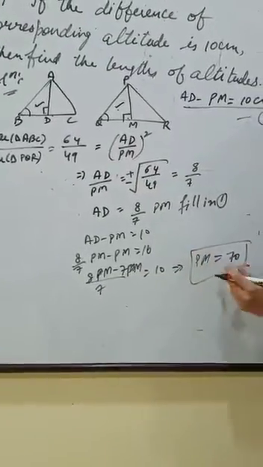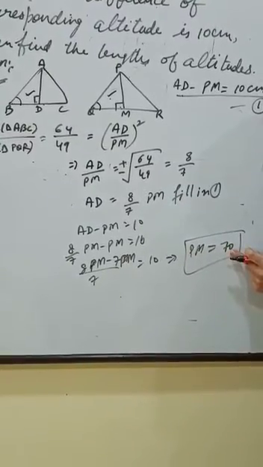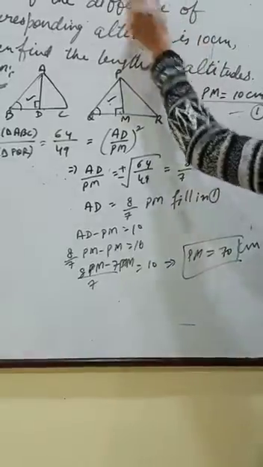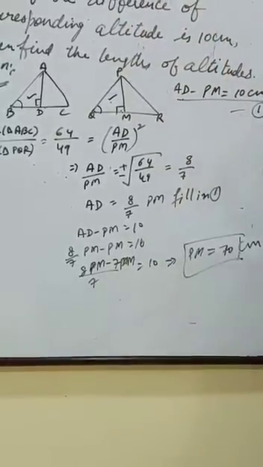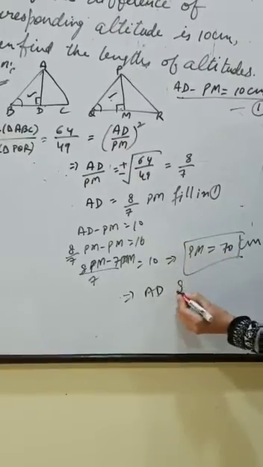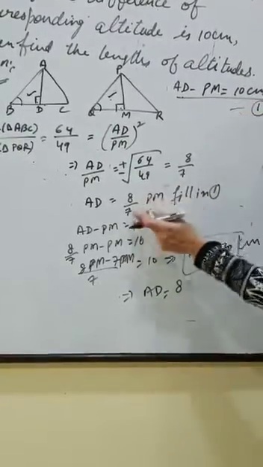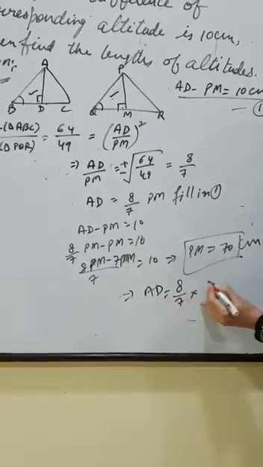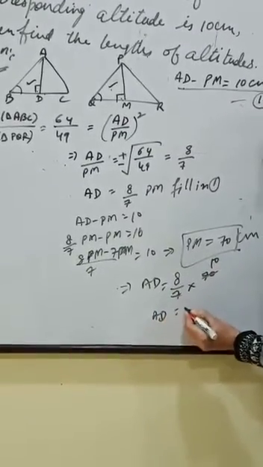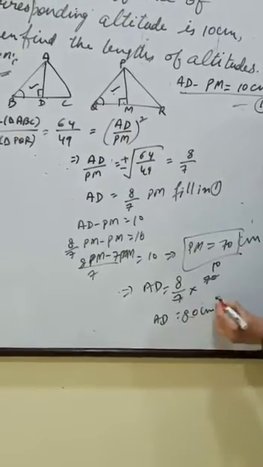So PM value we confirmed as 70 centimeter, in centimeter as areas are given in centimeter square. Then AD is equal to 8 upon 7 times 70, which makes 80 centimeter.